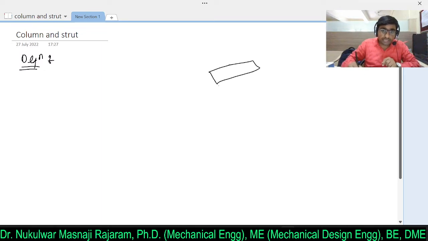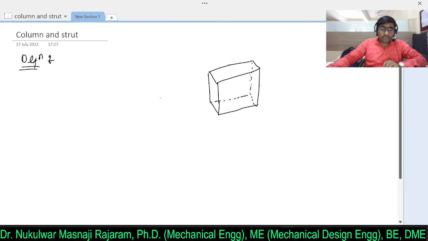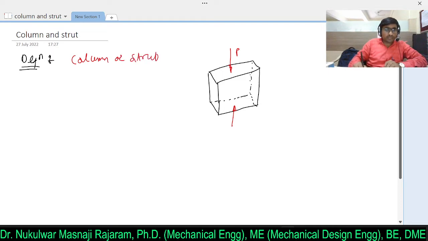Let's say this is a three-dimensional structure, and if this structure is subjected to an axial force, so here if you apply an axial force, then this member is called a column, or we can say a strut.